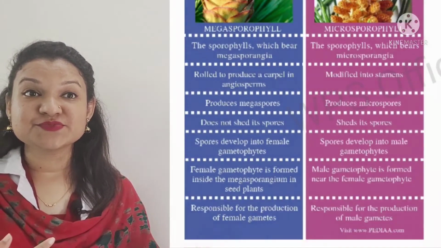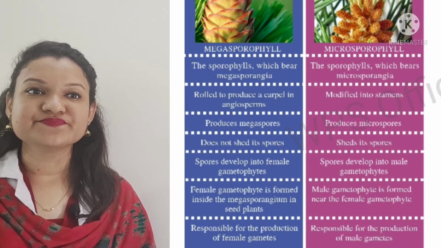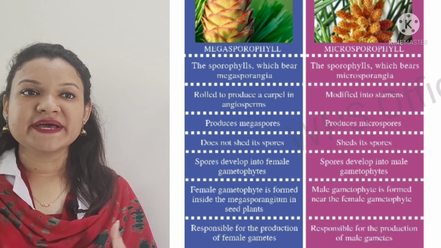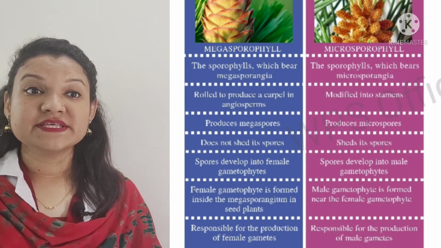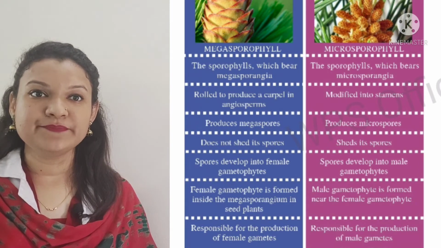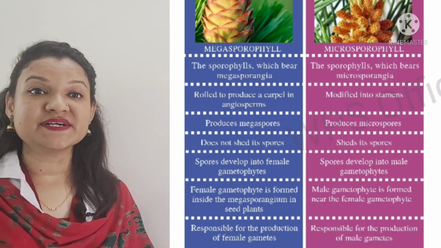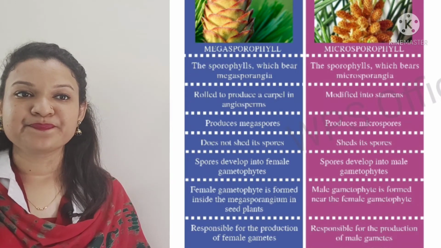Now I will tell about the difference between megasporophyll versus microsporophyll. Number 1: megasporophylls are the sporophylls which bear megasporangia, and microsporophylls are the sporophylls which bear microsporangia.